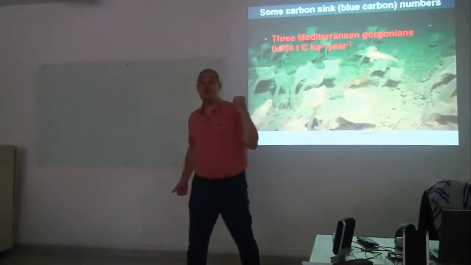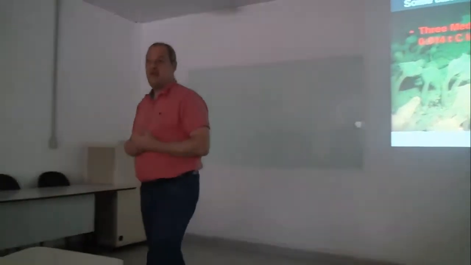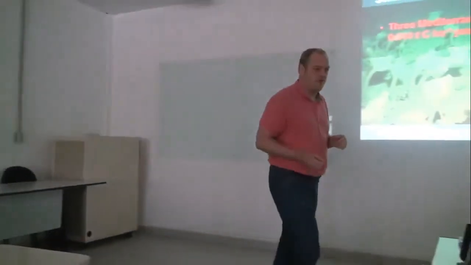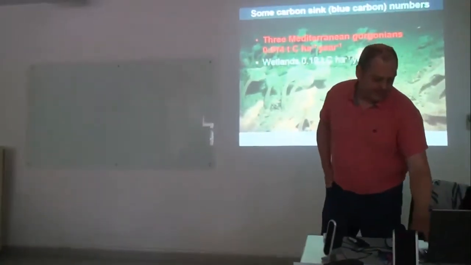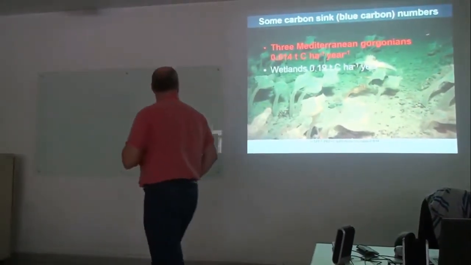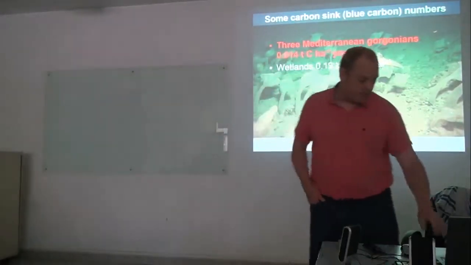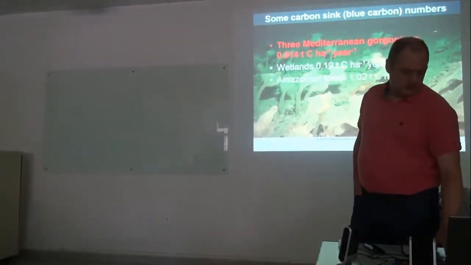But saying that, you would say, thank you, Sergio, and so what? Can you give me some comparison with other systems? Yes, of course. Wetlands, 0.90 tons of carbon per hectare per year, approximately. These are very rough numbers, of course, like mine.